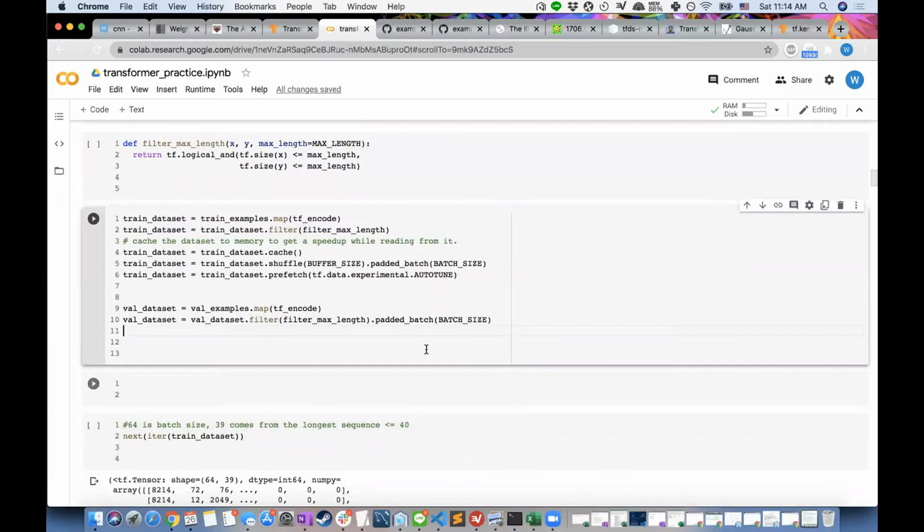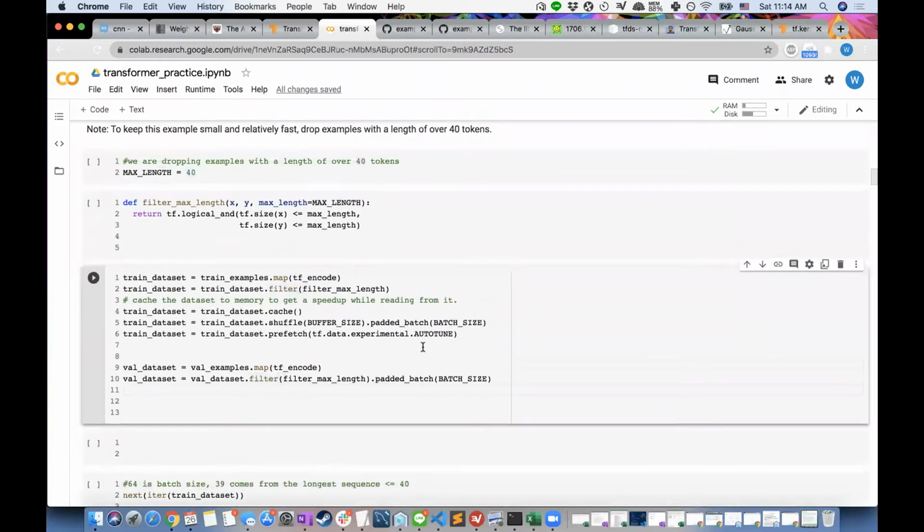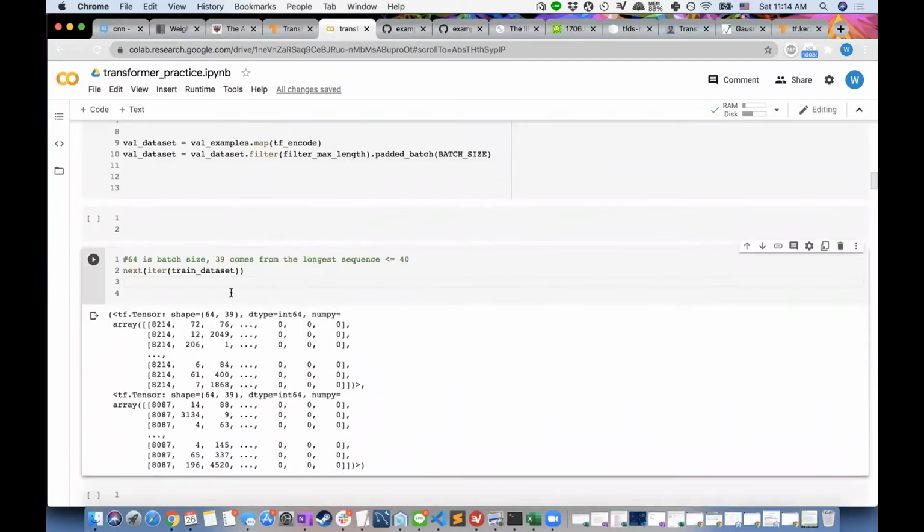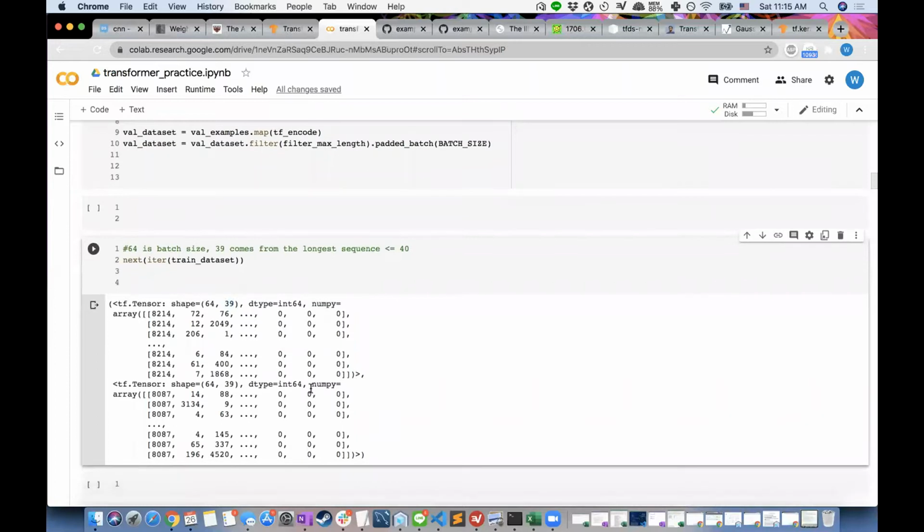Is that clear? Yeah, yes, it is. Thank you. Okay, great. And as you can see, it got to 39 instead of 40. So I guess there probably isn't a sentence that's exactly 40. So it dropped to 39, and then it's padded. So that's that.